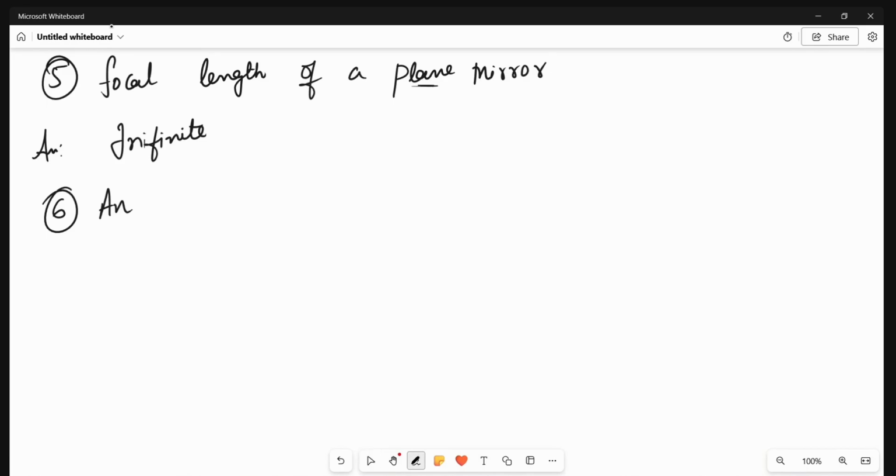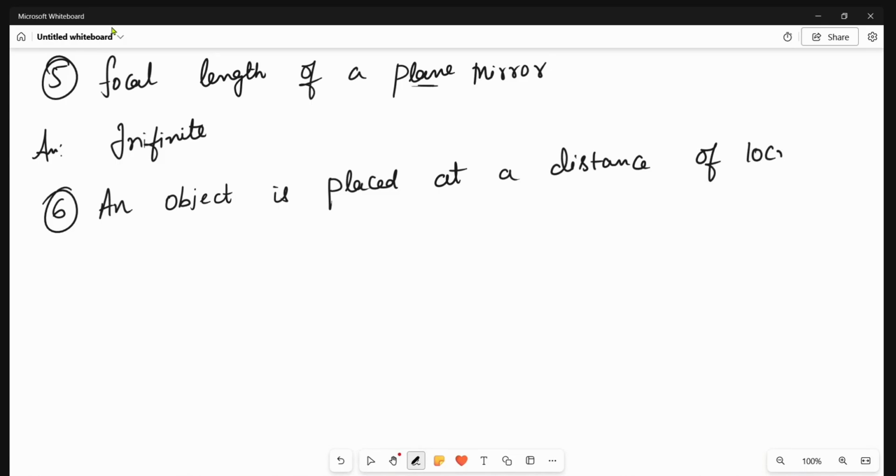Next, an object is placed at a distance of 10 centimeter in front of a plane mirror.